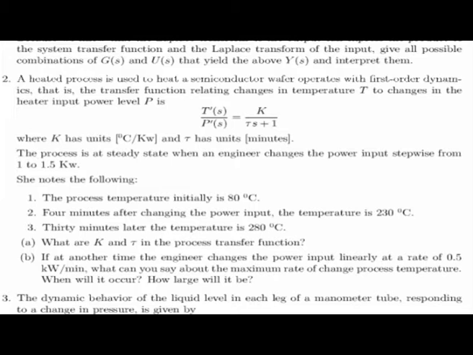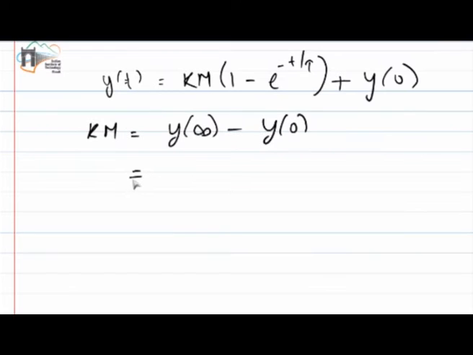You could write either in the chat or raise your hand. Let us compute this. Km is generally given by y of infinity minus y of 0. I know y of infinity is 280, and y of 0 is 80. So I get 200 as the value of km.